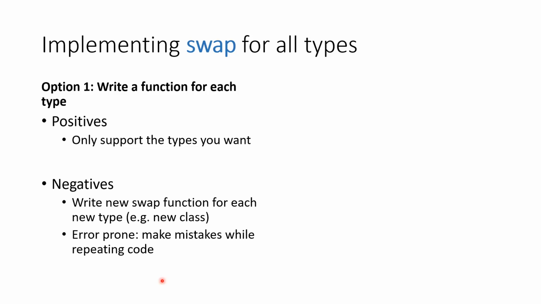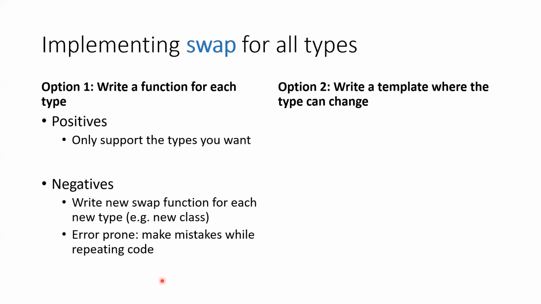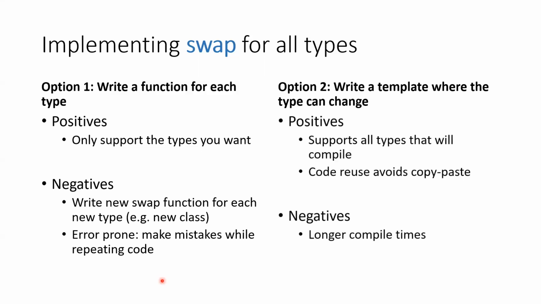And in the process of copying and pasting the code, you may make mistakes while repeating the code. The other option is to write a template where you can change the type. And in this case, you can support all of the types that compile, and it avoids the copy and pasting and duplicating code. But the negative is, it may cause longer compile times.